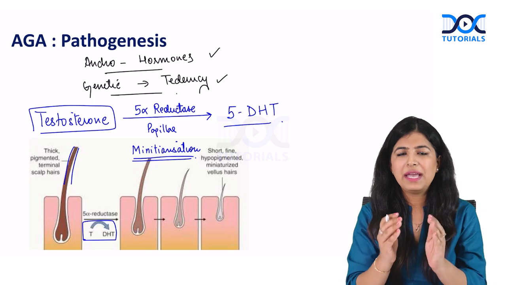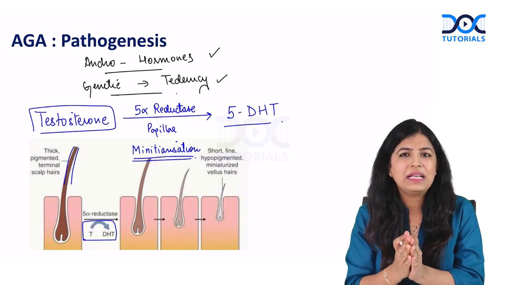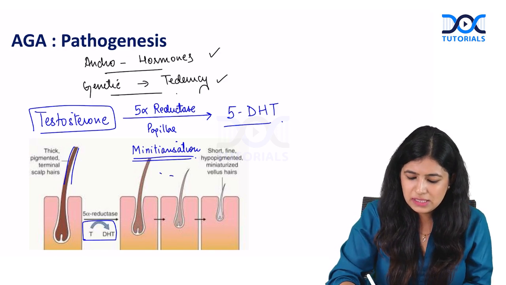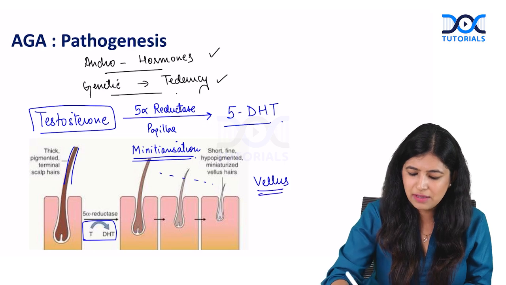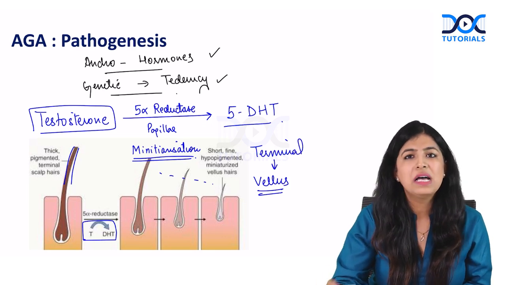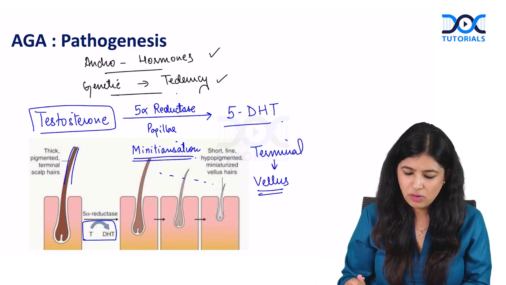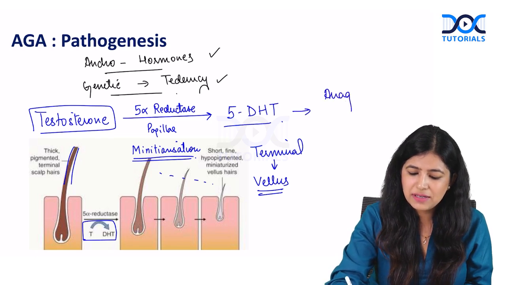So here the hair becomes smaller, thinner and lightly pigmented as the disease progresses, ultimately forming a vellus hair. So a terminal hair is being converted to a vellus hair in this disease. Ultimately it sheds off. Also, this hormone shortens the anagen phase.